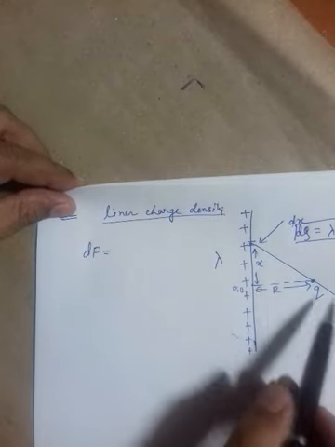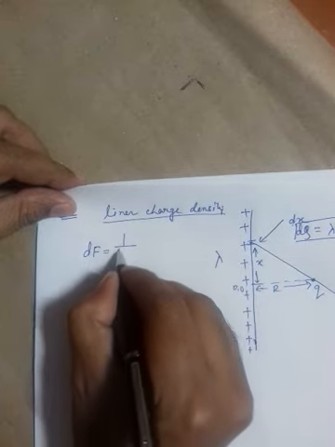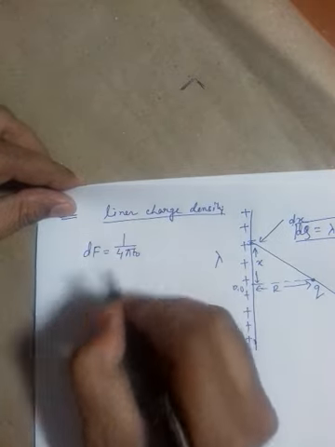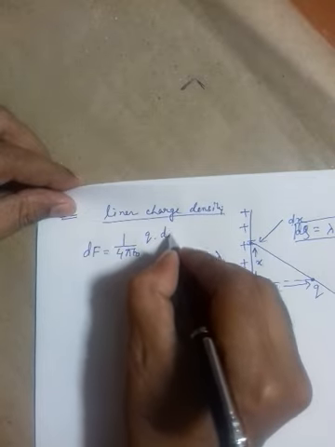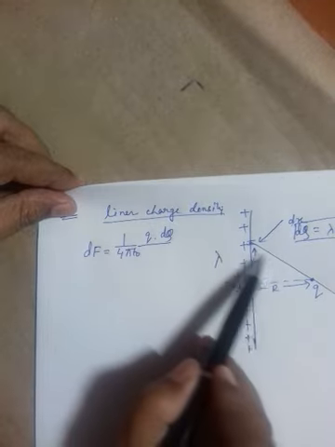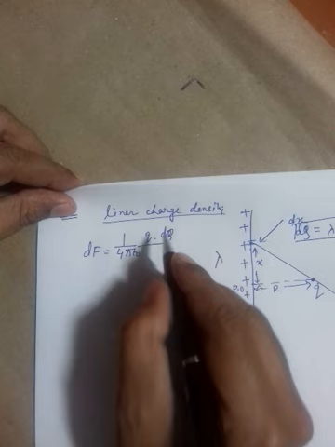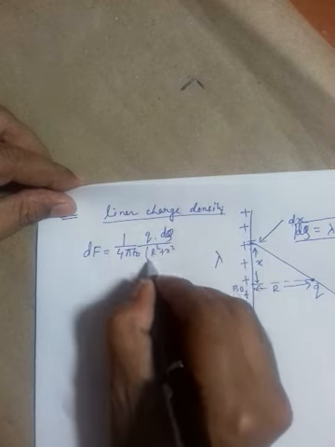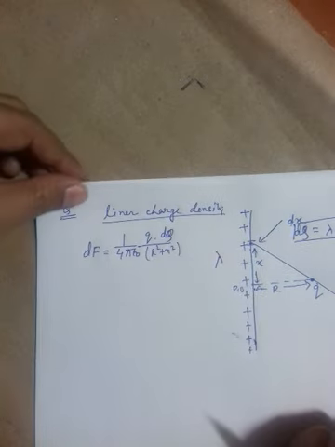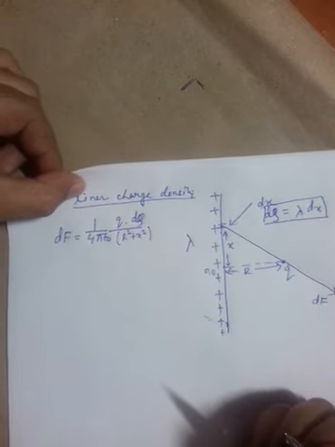According to Coulomb's law, because this is a point charge and this is a very small portion like a point, it is 1 by 4 pi epsilon naught, q into the charge of this portion dq, divided by the square of this distance. This is r, this is x. So the distance is the square root of r square plus x square, but since it is squared, the root goes away. So df equals 1 by 4 pi epsilon naught, q dq divided by r square plus x square.